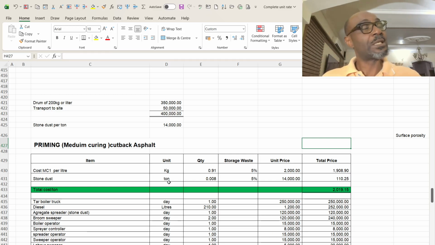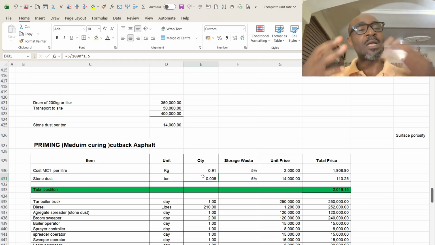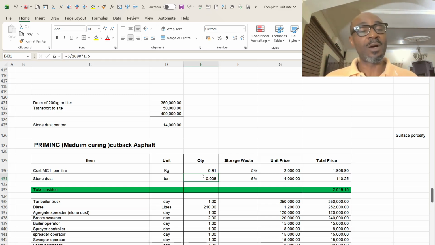Since I am speaking in kg, I took 5 kg, divided it by 1,000 to convert it to ton, and multiplied it by the density of the stone, which is 1.5. Then I arrive at 0.08.